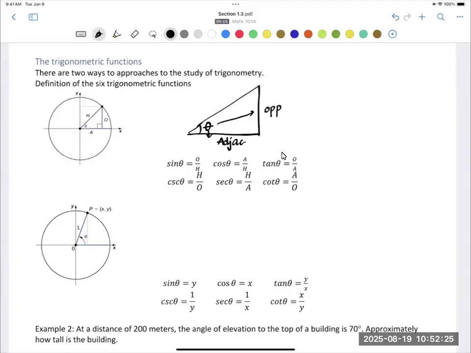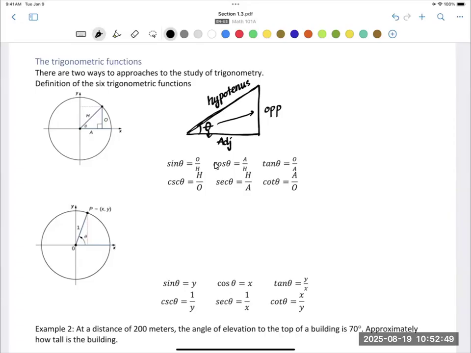You can just write an A for that, or you can write ADJ, it's up to you. And the longest side length is called the hypotenuse. So you have three side lengths in one triangle: adjacent, opposite, and hypotenuse.